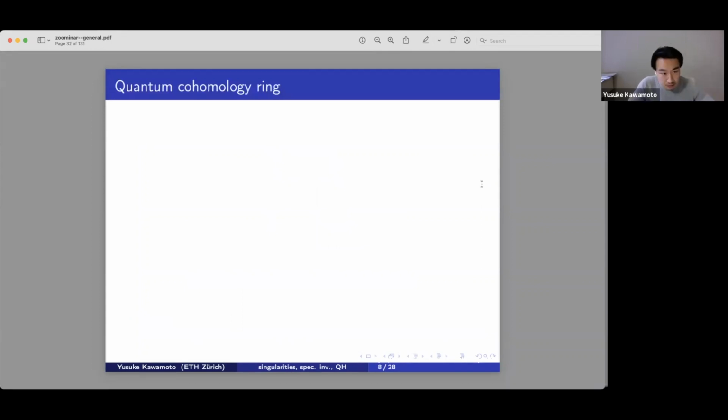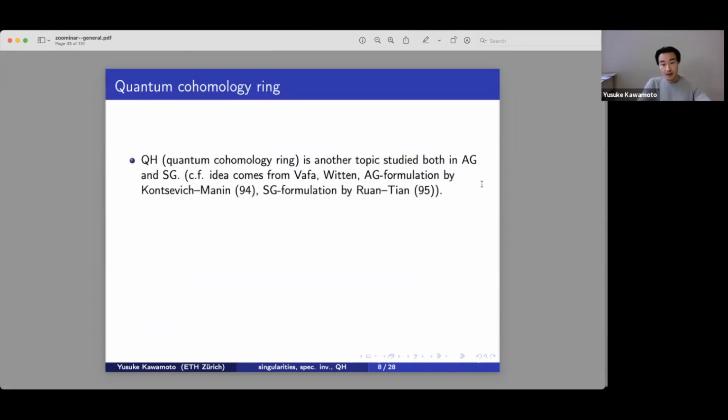Okay, so now let me remind you what quantum cohomology rings are. This is another topic that's studied both in AG and SG. It's an idea coming from physics, and the AG community and the SG community found their own formulations, which are basically the same thing.